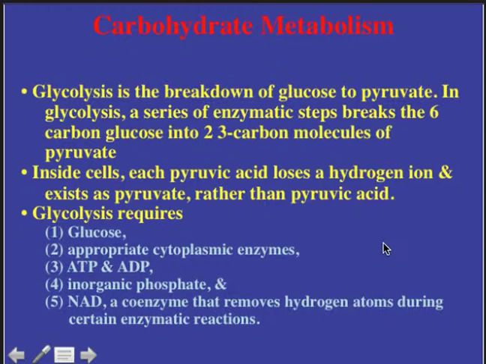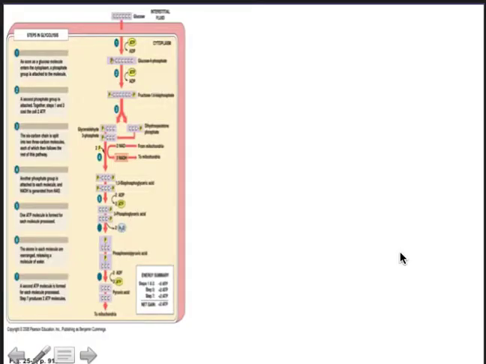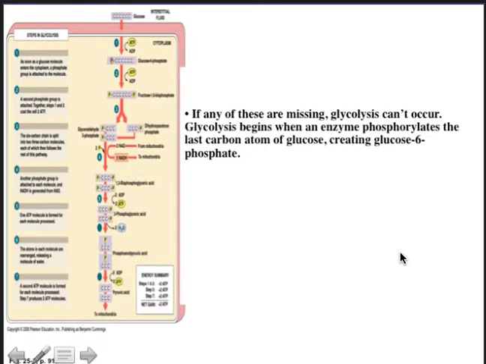And it's the electrons that we're really interested in here, because it's their change in location that is going to ultimately release energy to other molecules that will eventually be used directly to do work. So let's look at this reaction sequence in detail. If any of these are missing, glycolysis can't take place.